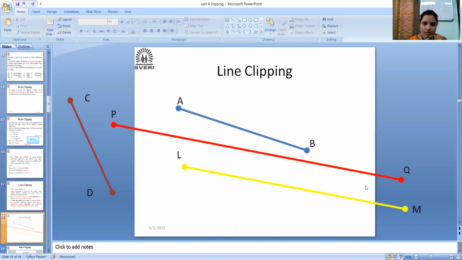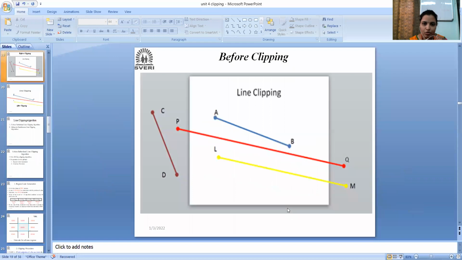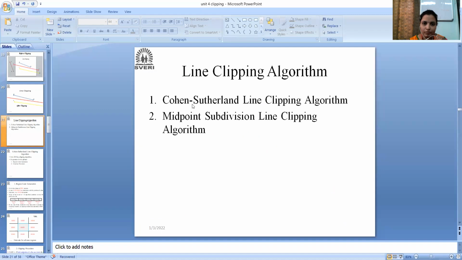But for lines like PQ and LM, these 2 lines are partially visible, and that's why we require clipping. For clipping, there are 2 algorithms. First is the Cohen-Sutherland line clipping algorithm. This first algorithm we have already studied.